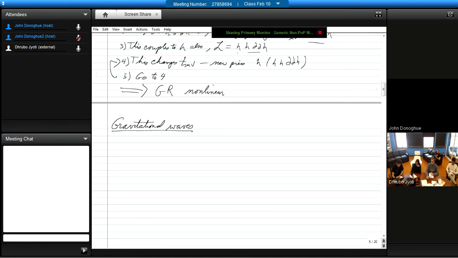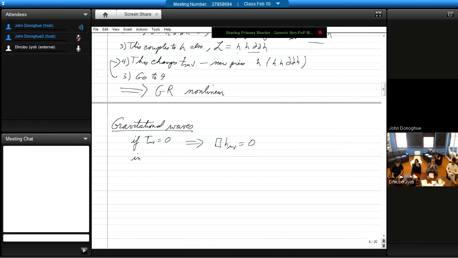But anyhow, for our construction here, if you're in empty space, if T mu nu equals 0, our linearized Einstein equations are box H mu nu equals 0, in harmonic gauge.